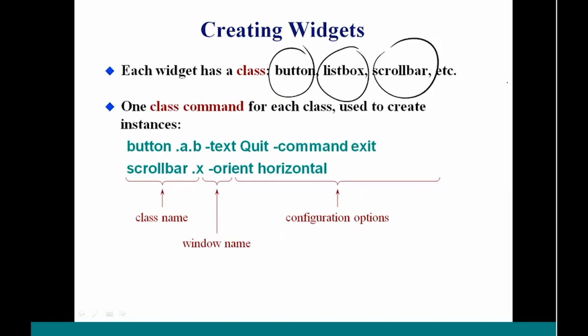So if you want to create a widget called .a.b, we need to use one of these commands, either a button or a list box or a scroll bar. Here we say button .a.b, and the text for that button is quit, and the command is exit.